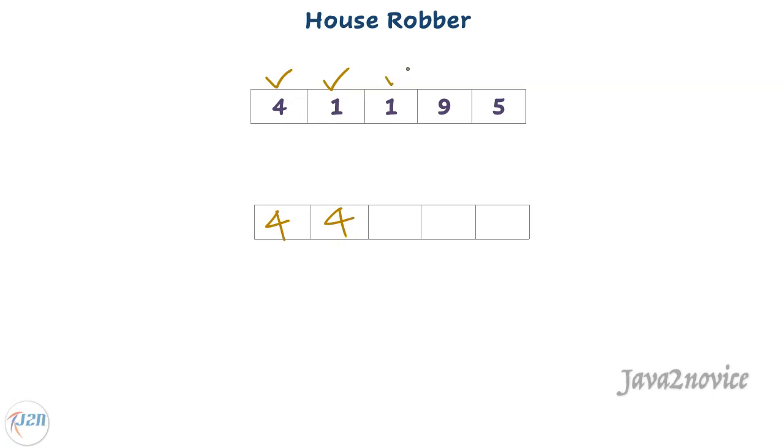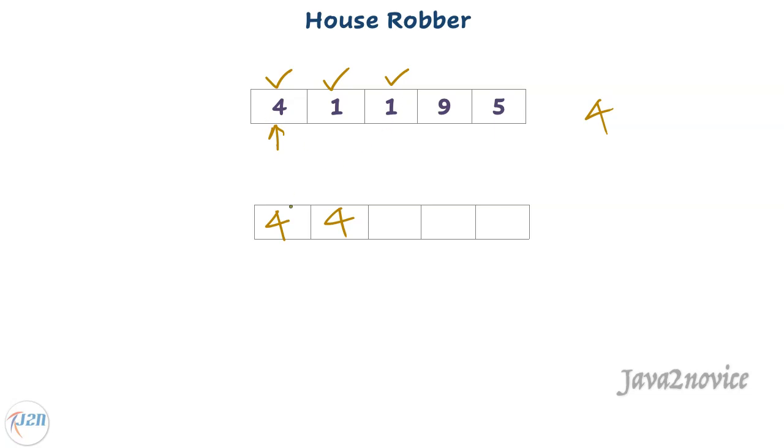Now we are at index 2. We have two possibilities here. We can make use of the previously calculated maximum amount. Since we cannot rob adjacent houses, we can consider the previous index maximum value as it is. Previous index maximum value is 4. Let's keep it aside. We have another possibility here. We can consider the maximum amount till two indexes before and the current amount at this index.